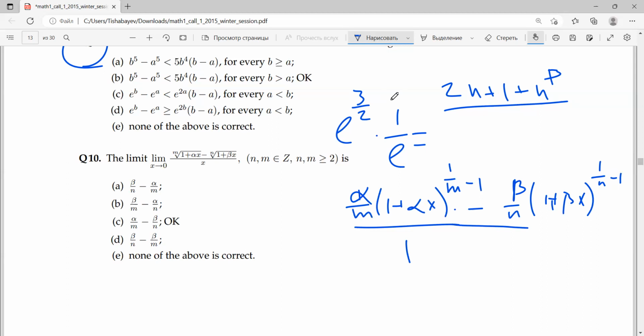Now you can put 0 instead of x. So you can see alpha over m minus beta over n. That's it. Is it clear? Yes. Okay, very good.